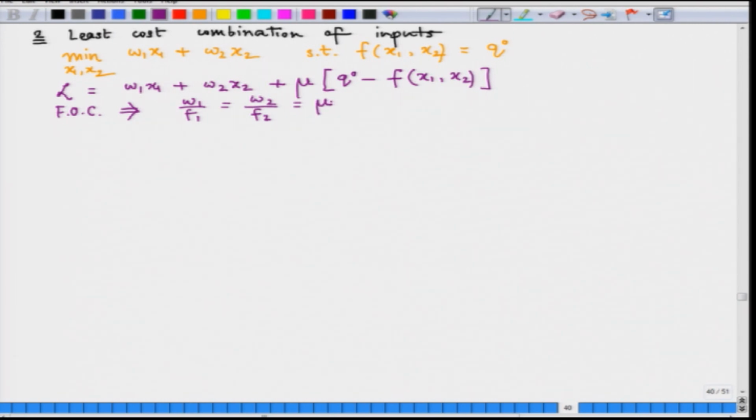right. Now, the task at hand is to find an interpretation of this expression, which is given by 3 asterisks. To find out the interpretation for the 1 over f1 and 1 over f2 terms, let us have a look at the marginal product diagram, that will help us.